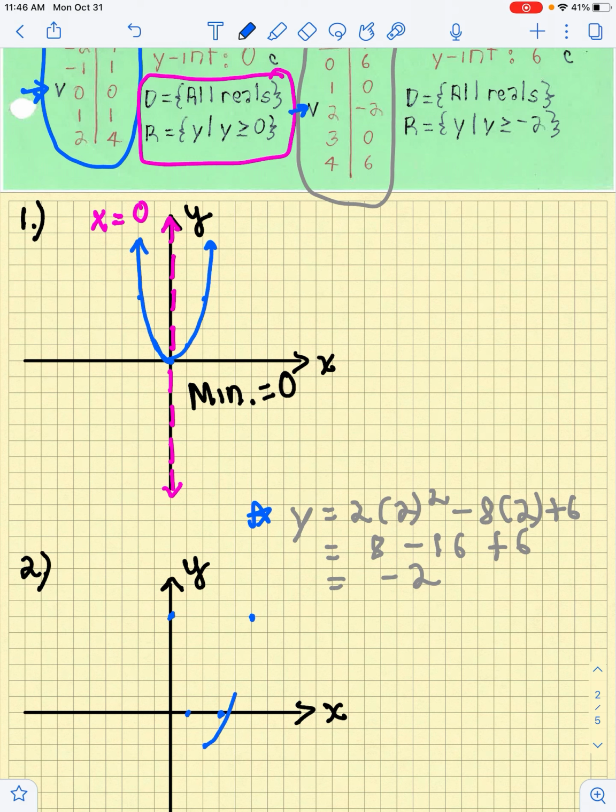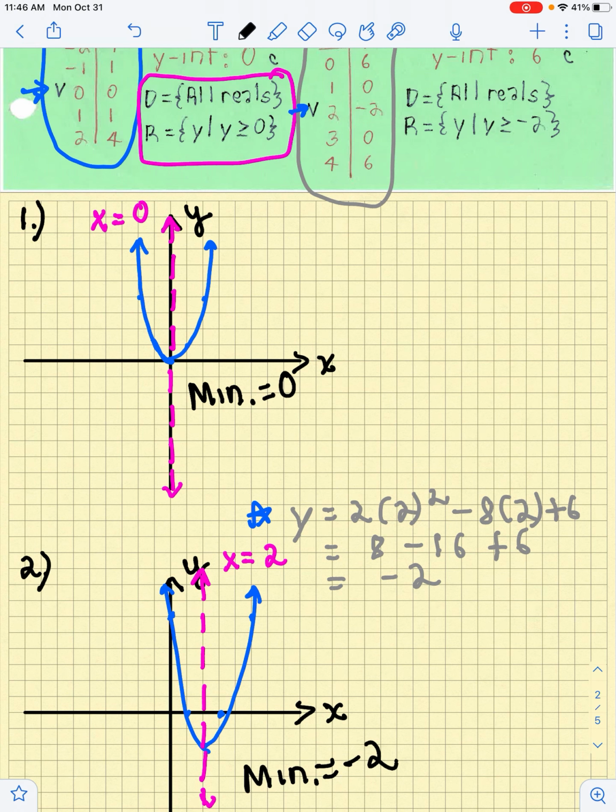So if I draw through, my parabola is opening like that. As far as my axis of symmetry, that's the vertical line passing through our vertex, and that is x equals 2. And as far as max and min, because it opens up, we have a minimum, and our minimum value is -2.